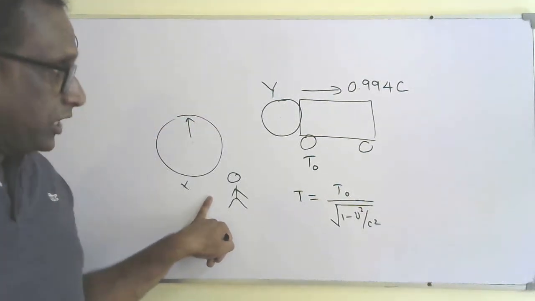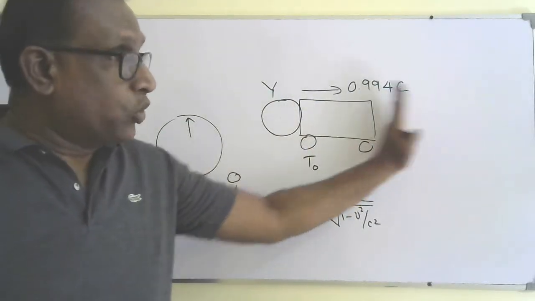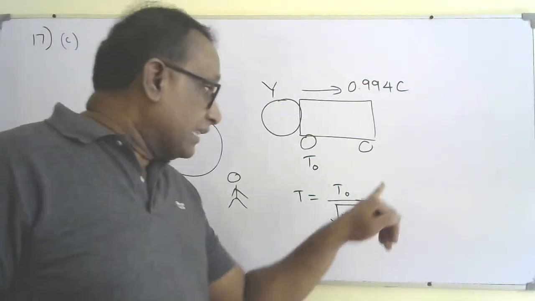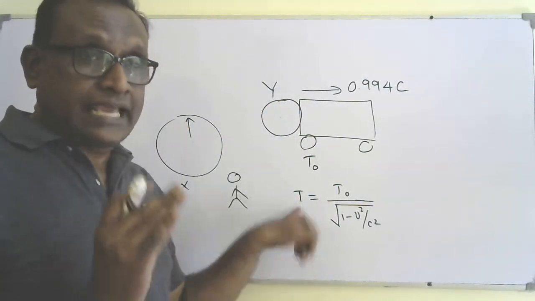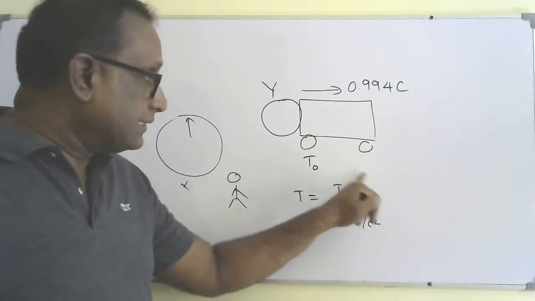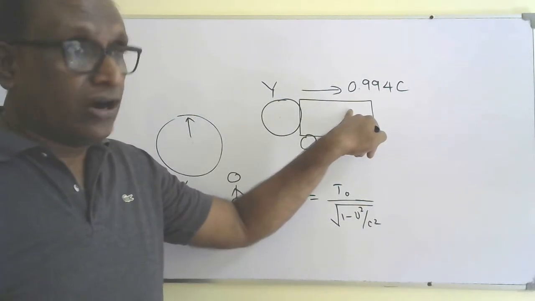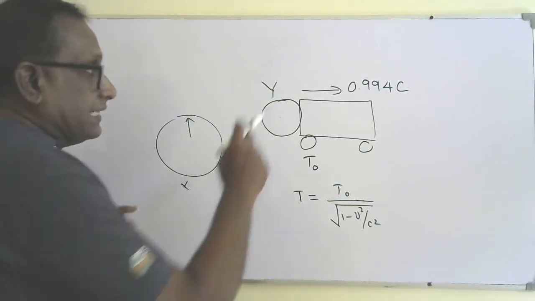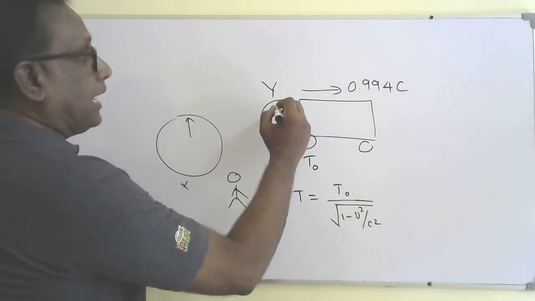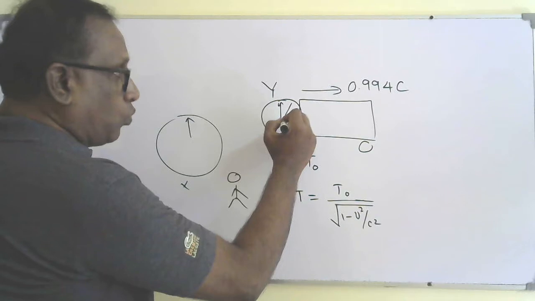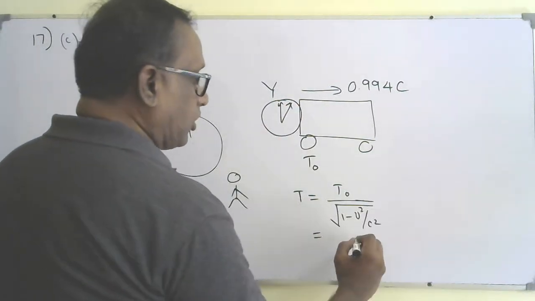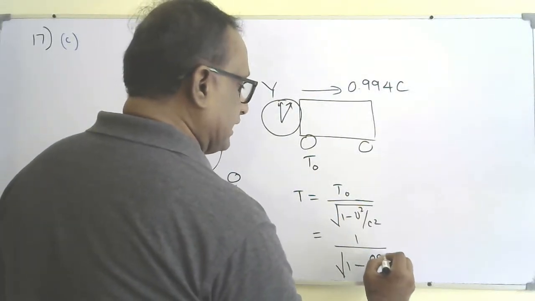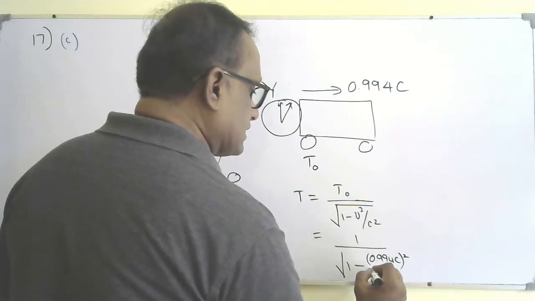That means in this clock, which is in motion, t0 is the time taken for the second hand to move, then your clock during the same time will show this time, where v is the speed of the clock relative to you, c is the speed of light. For example, in this clock, when 1 second passes, t0 is 1 over square root of 1 minus (0.994c) all squared over c squared.